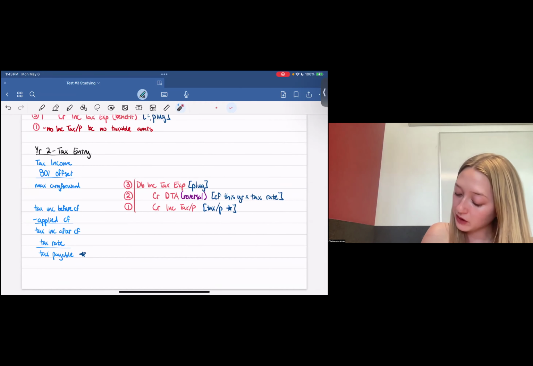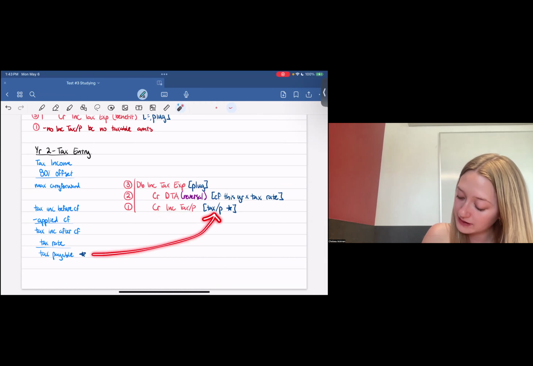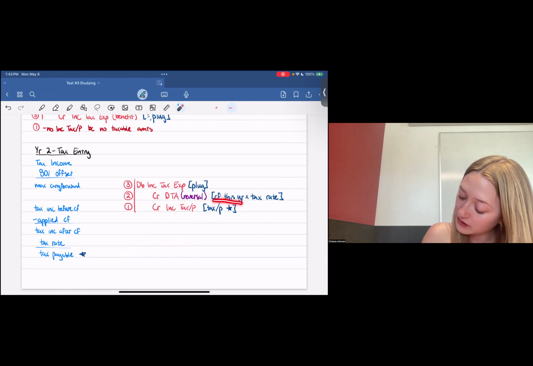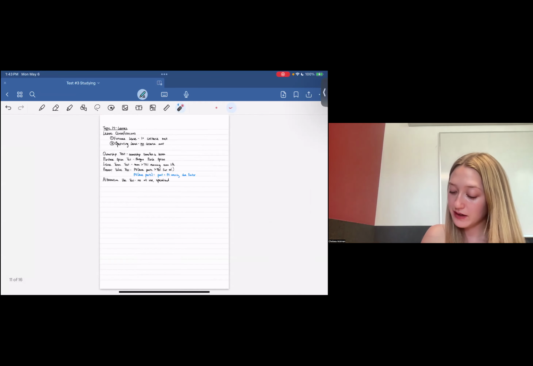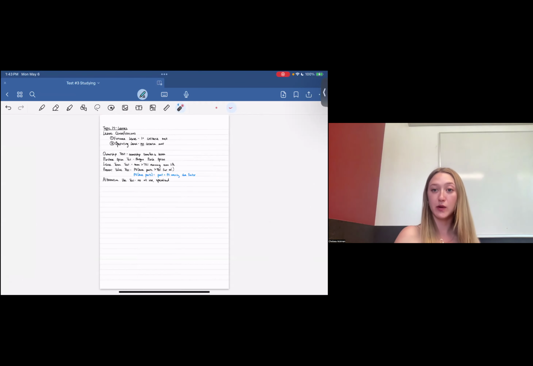And so here we're going to credit income tax payable for this amount, credit the DTA for the reversal, which is going to be the carry forward that we calculated, times the tax rate, and then debit income tax expense through the plug.